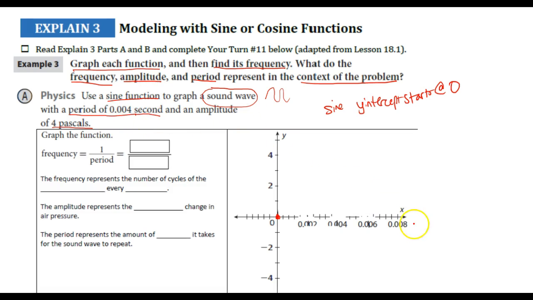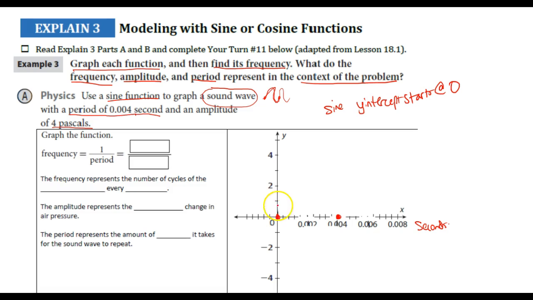Okay, so this is my seconds, right, for time. I know the graph looks a little wonky, but you notice how, just like I drew here, it's going to start in a place, and it's going to go up, and it's going to go down, and back to its starting position in about 0.004 seconds. So I'm going to draw a dot at 0.004.